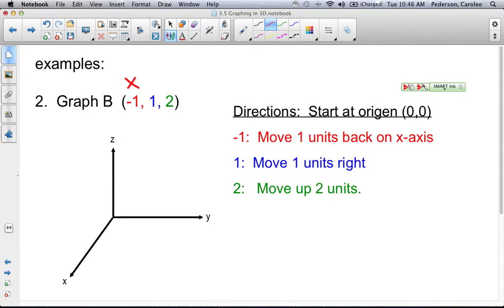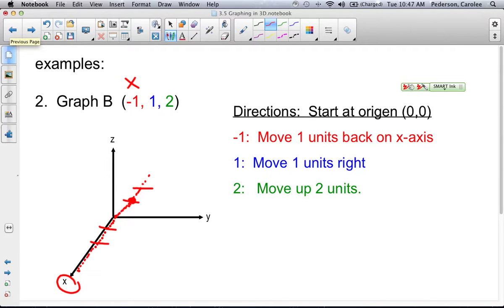So we're going to go along the x-axis. So that's the one we move front or back. In this case, we're going to go backwards. So imagine this x-axis going straight backwards. If you think of this as positive, this would be negative. So we are going to be right here so far.